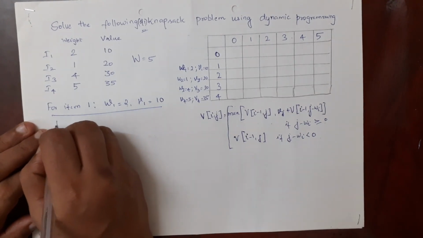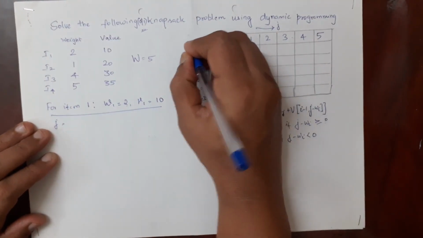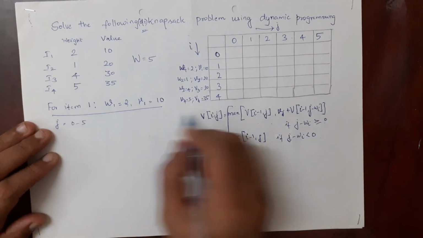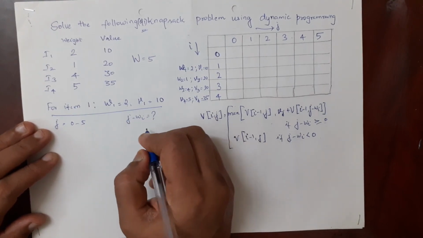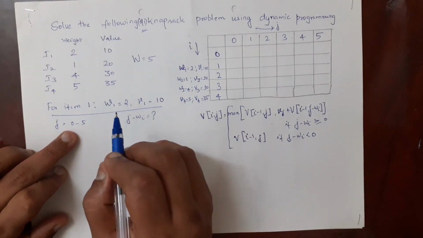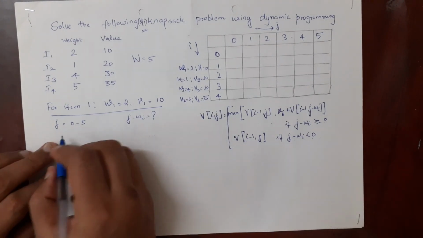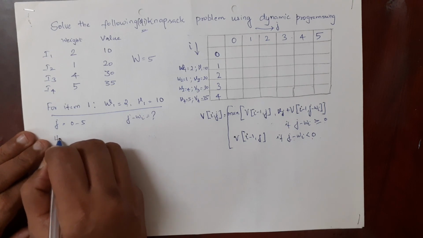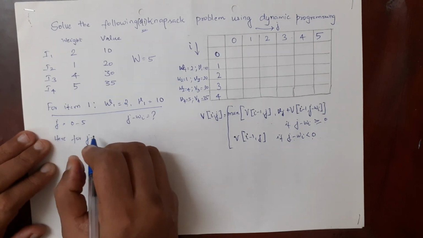Here this one is j and this one is our i. The j value ranges from 0 to 5. Here we check j minus w_i first. Since w_i is 2, for j equal to 0 and 1 we will get j minus w_i less than 0.